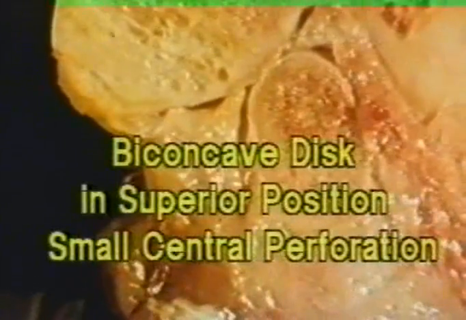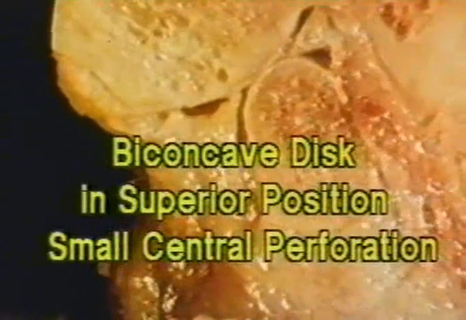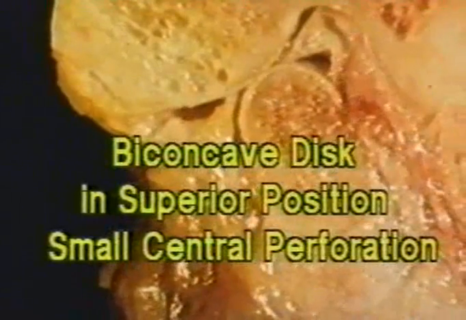In this joint, the disc is also located in a superior position. The disc is biconcave, with its posterior thick part located on top of the condyle in the closed mouth position, and posterior to the condyle at maximal opening.